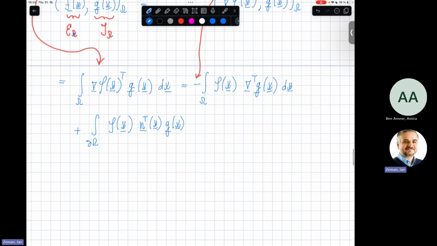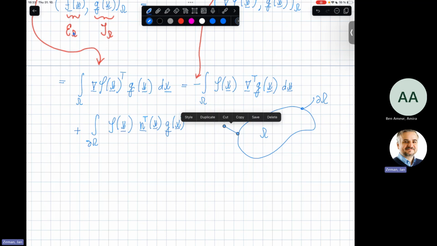Just to again do my standard sketch, this potato is omega, its boundary is just here, and I would like to remind you that this n was something I call, hopefully correctly, the outer normal vector. Normal means that if I have a look at my boundary, I construct the tangent which locally approximates the boundary, and this vector has to be orthogonal to it.